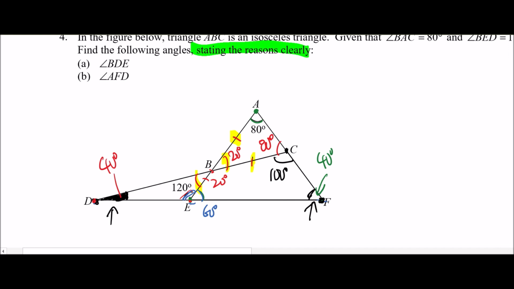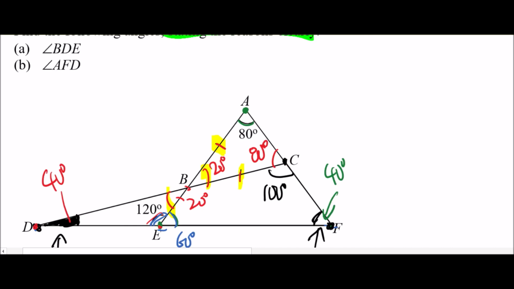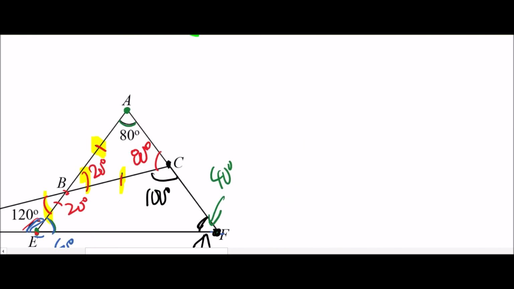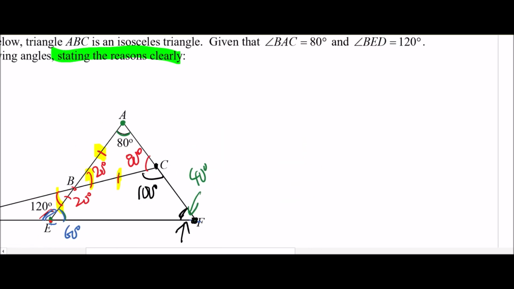Okay, so let's think about how we did this. To get to angle BDE, we started off from triangle ABC. Okay, so let's do our workings properly. I feel that there are many steps here. So let's start off with this, right? We started off with this 80 degrees here.